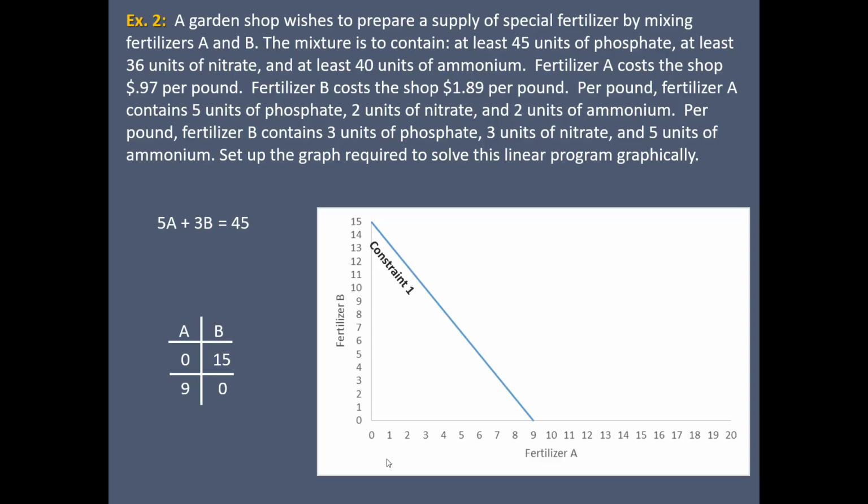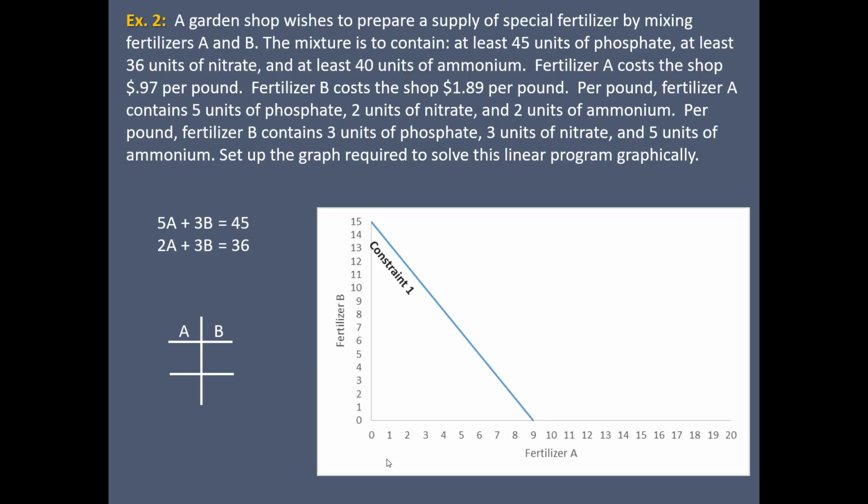Now I would continue that process. I have to do that for each and every other constraint. Here I have 2 further constraints, so I will repeat it 2 more times. Looking at constraint 2, the nitrate constraint, which again was initially 2A plus 3B greater than or equal to 36, but setting it just to be equal to 36 for now.